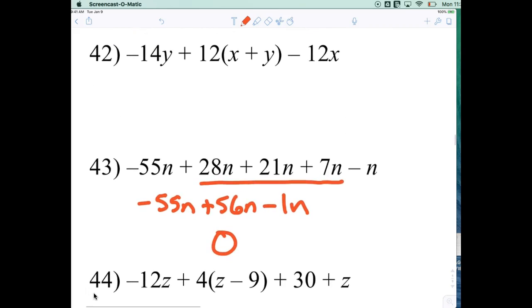Let's take a look now at 42. Remember, on 42 we have to distribute the 12. So everybody distribute the 12 real quick. And then once you distribute the 12, I need you to combine terms.